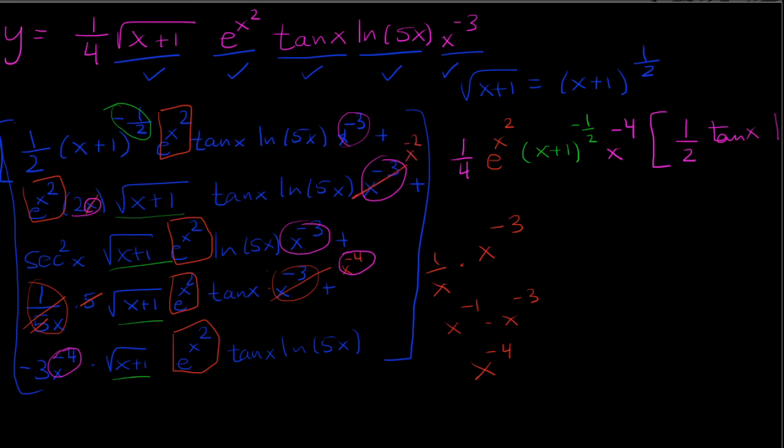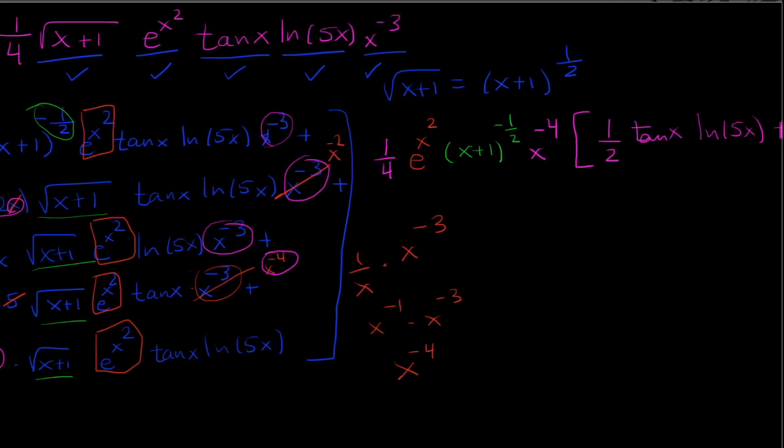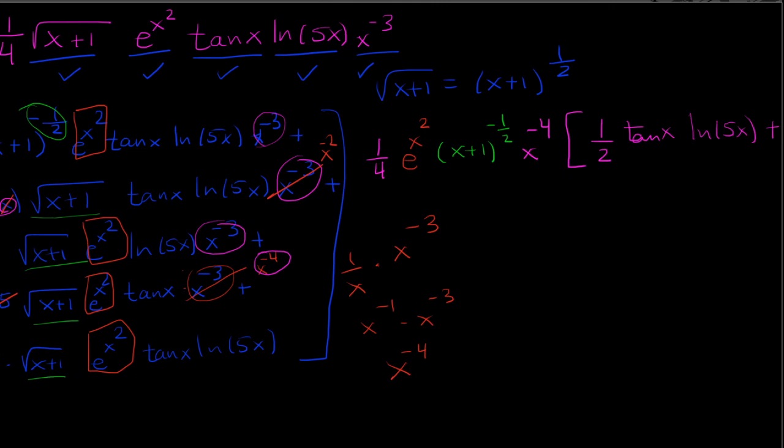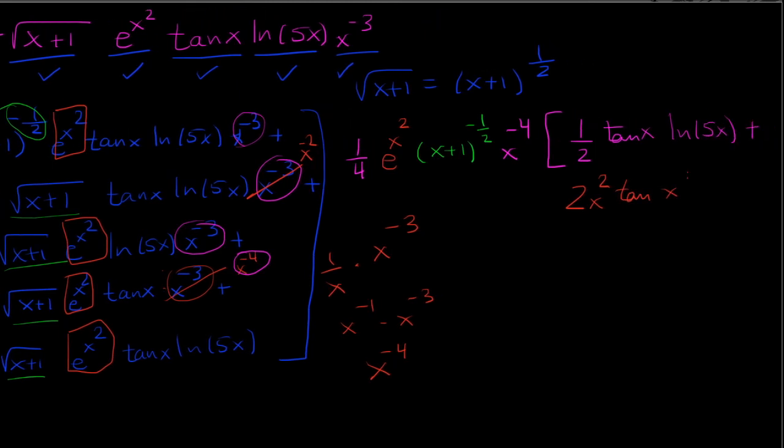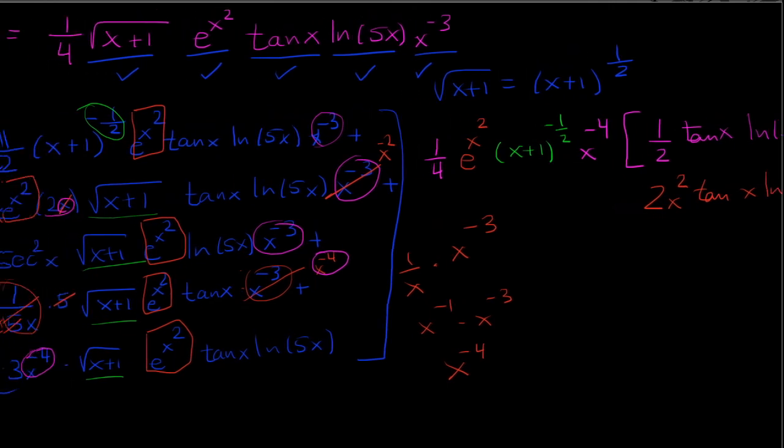Okay, so let's keep that in mind. Okay, so we have a 2, and then I pulled out an x to the negative fourth, so I'm going to multiply that by x squared to get x to the negative second power. I still have a tangent of x, natural log 5x.